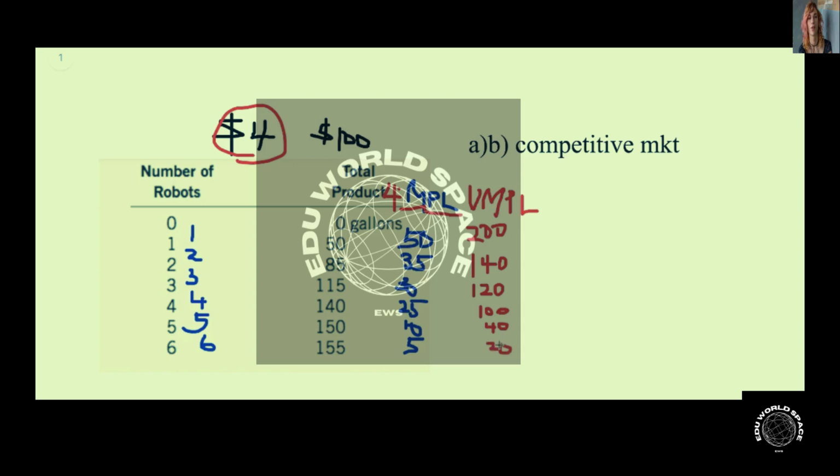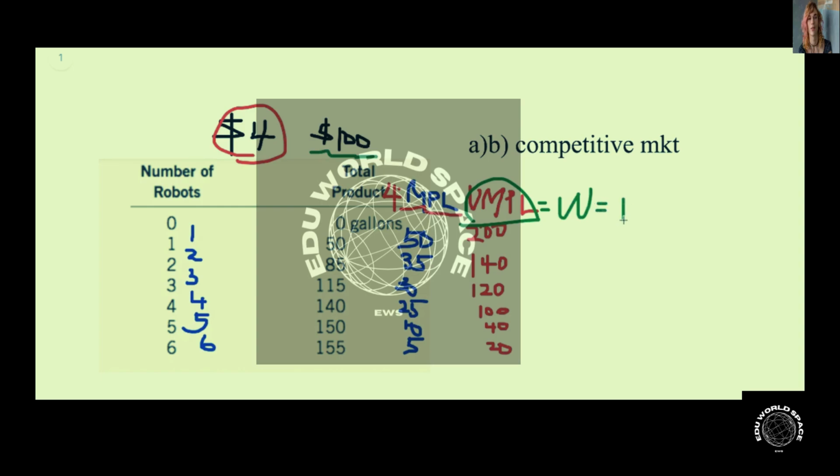Okay, then question D, how many robots should the firm rent? We know that the most profitable decision for the firm is to make the value of marginal product of labor equal to the wage, which is 100. Wage means the money you spend to rent this robot, which is 100.